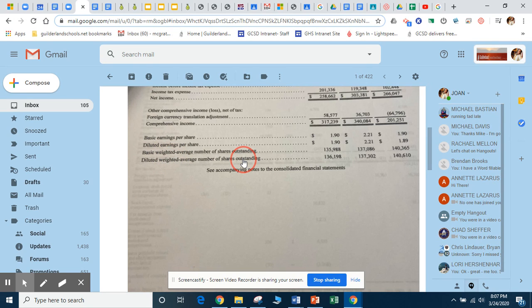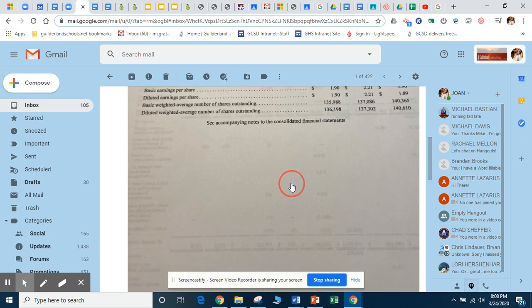We don't have the ability to do that because we don't know the daily numbers of shares outstanding that they have. So they would only have that information. If your company's annual report has the denominator here, then you can certainly use that. Not all of the annual reports put that information here on the bottom of the income statement.